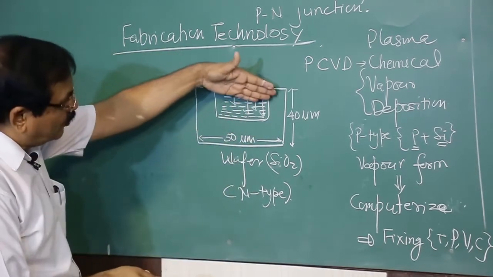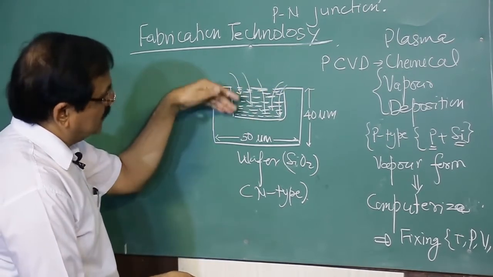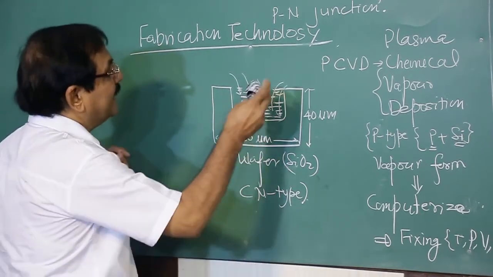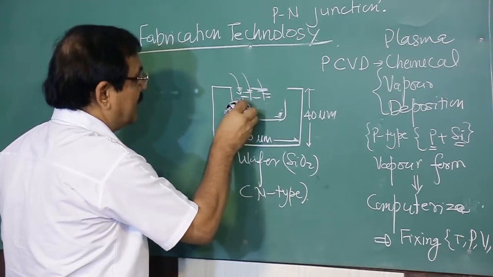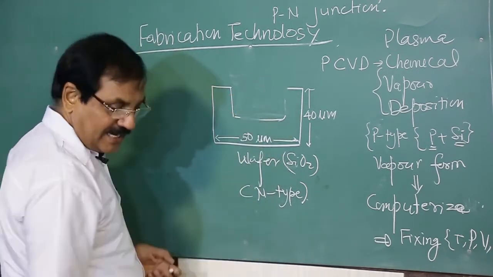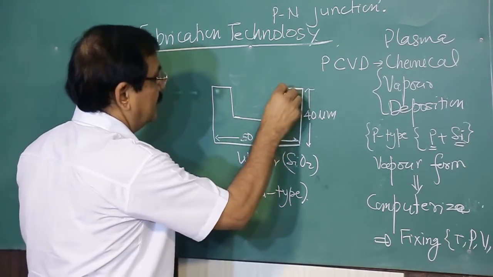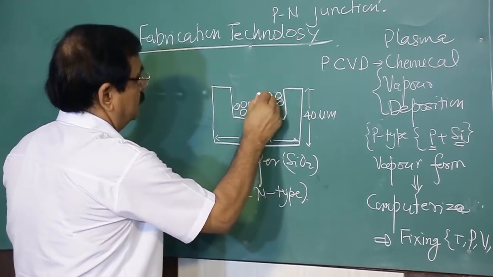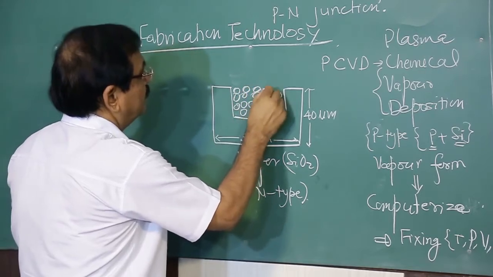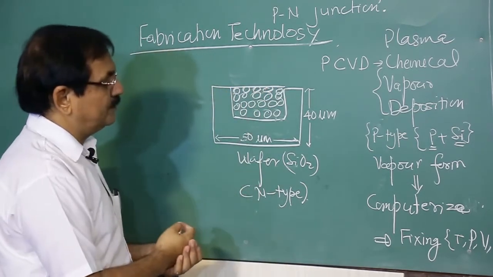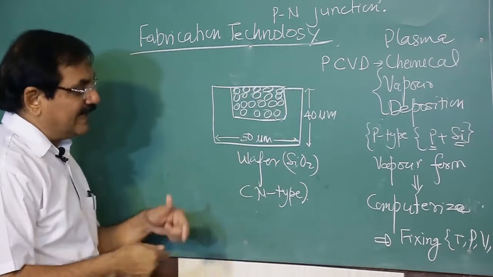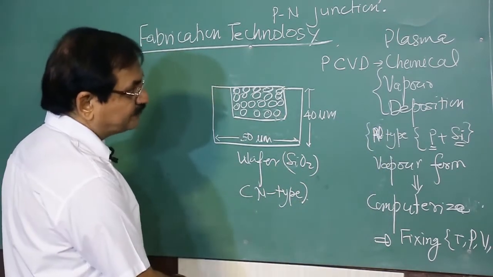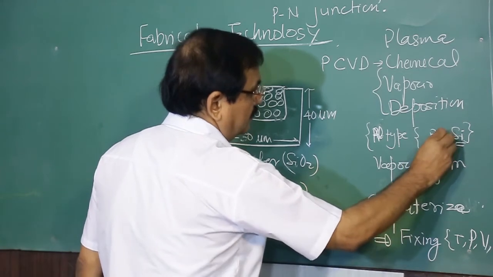This portion, which was the empty portion, was filled by chemical vapor deposition, and after the filling, we can express this as a p-type material due to the presence of phosphorus, and trivalent aluminum and trivalent indium, as in the case of p-type.